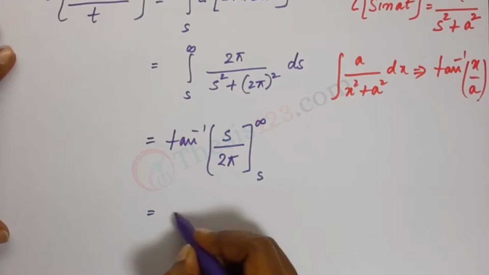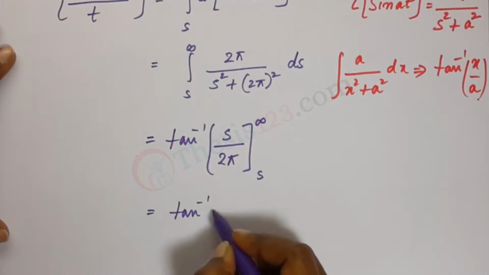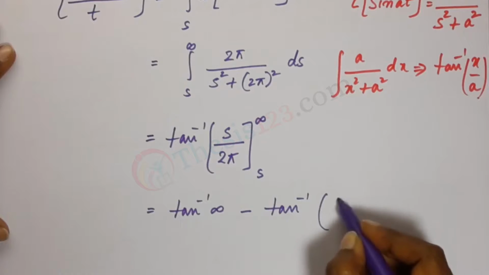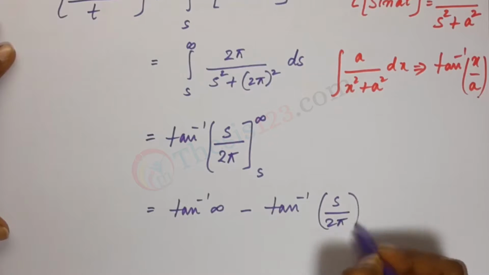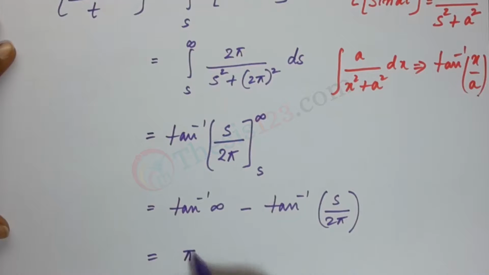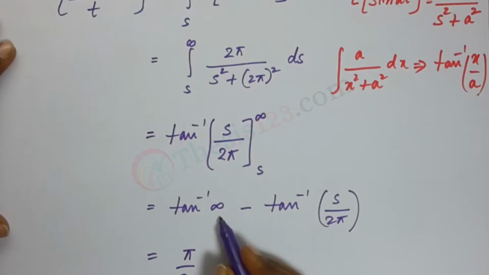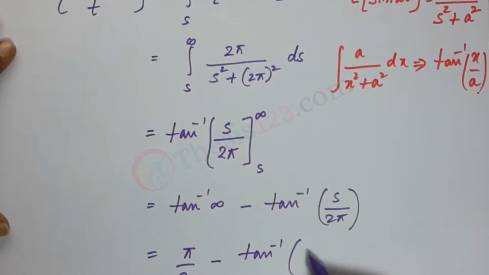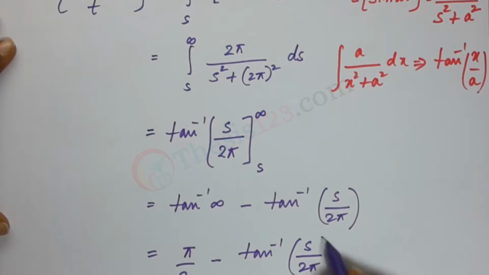Now if we apply the limits, we get tan inverse of infinity minus tan inverse of s by 2 pi. If we solve this, we get pi by 2 for tan inverse of infinity, minus tan inverse of s by 2 pi.